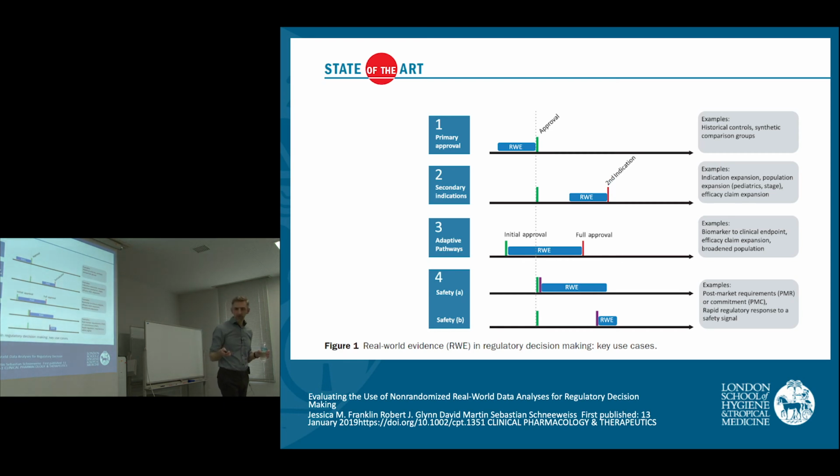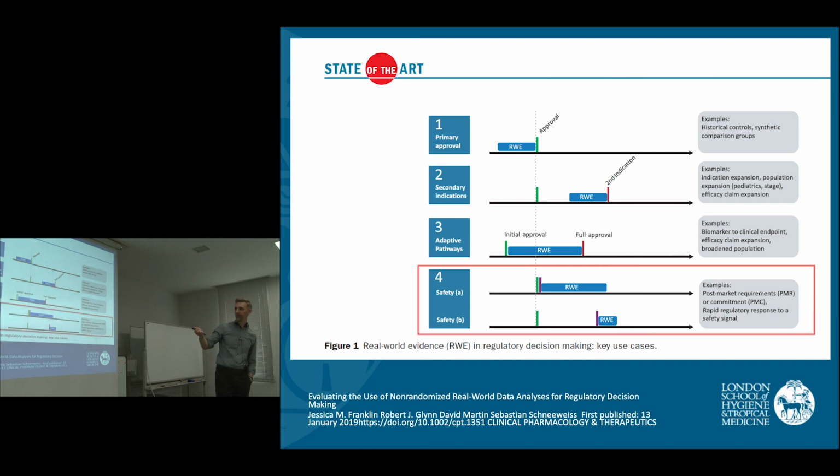And moving on to, there was a paper published back in January by Jesse Franklin from Harvard. And I think this is a really nice summary of where we are at the moment in terms of real-world evidence and where it can be used and where we are still trying to develop the methodologies.